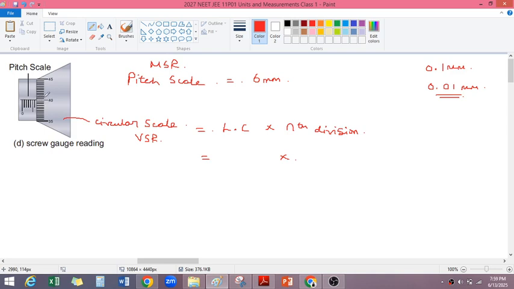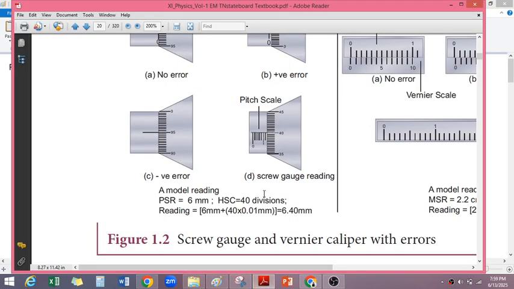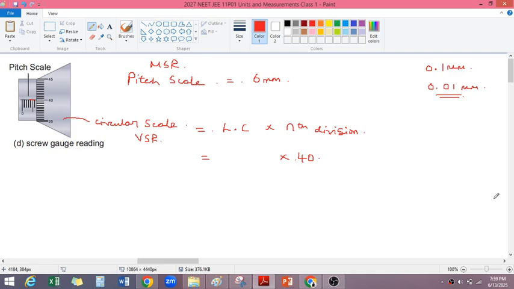I think 40 is coinciding with this. This line is what we are looking for. So this line is coinciding with the 40th division, so this will be taken as 40. The least count, as I said, sometimes they will give you in the question itself. So you can see 0.01 millimeter is the least count.